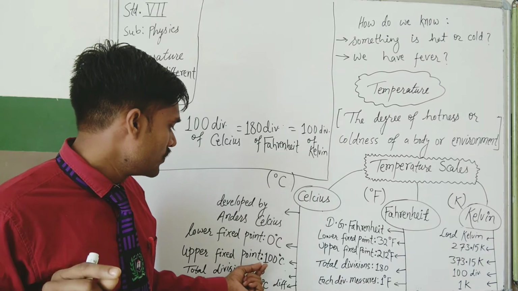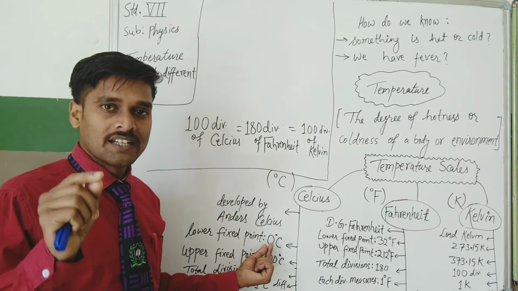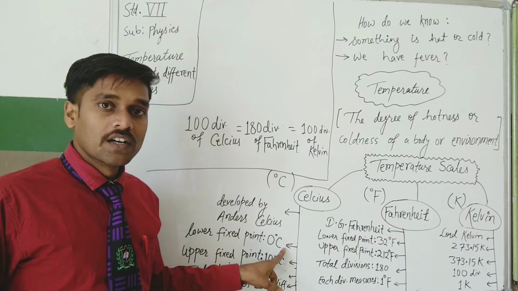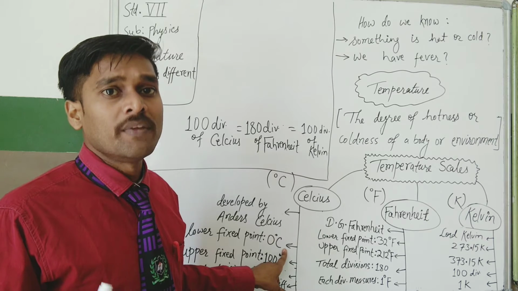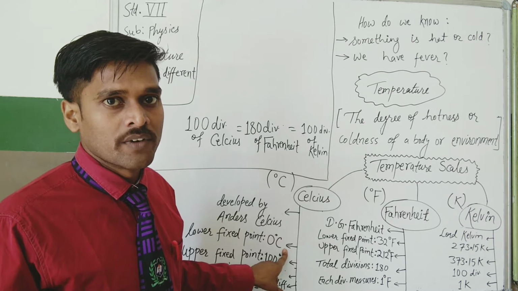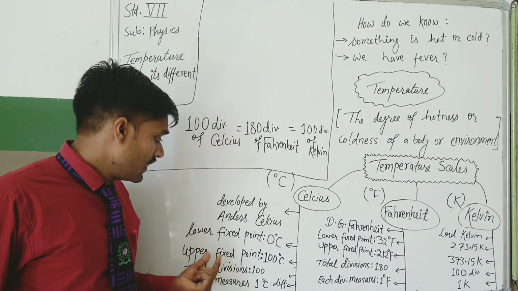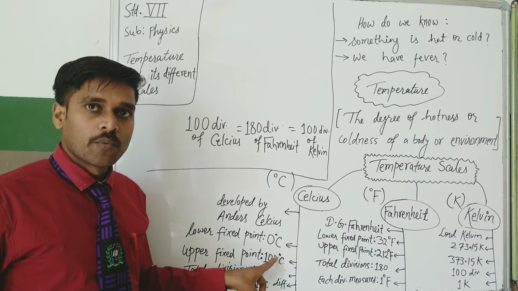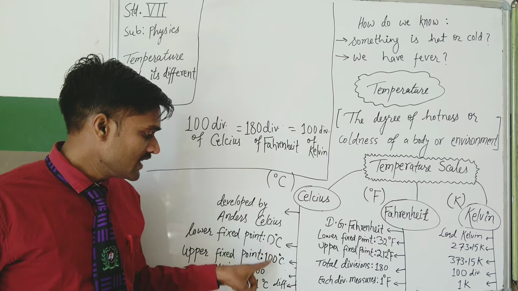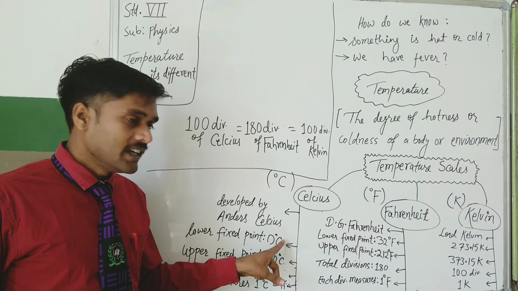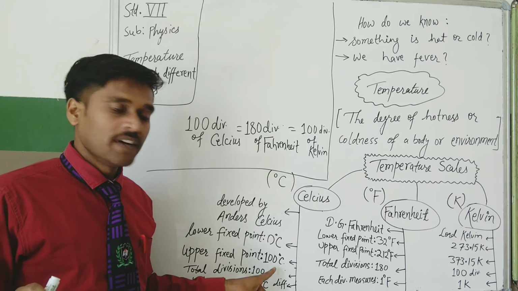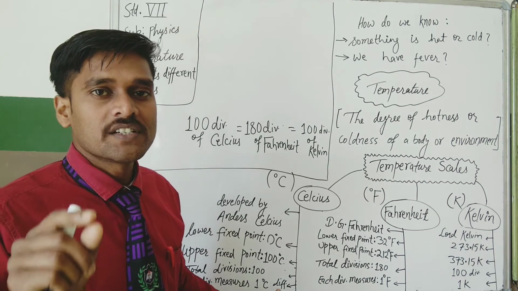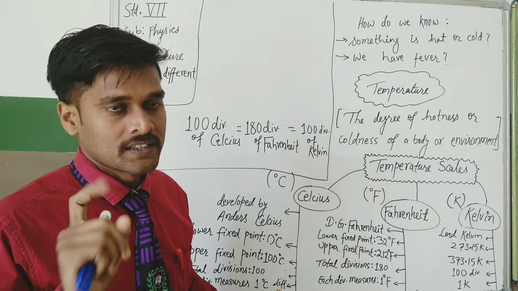The lower fixed point of the Celsius scale is 0 degree Celsius, which is also the freezing point of water or the melting point of ice. Between the lower fixed point and the upper fixed point, the difference is 100 divisions, and each division has equal value, and hence it measures a temperature difference of 1 degree Celsius.